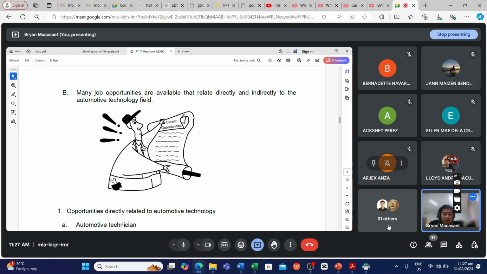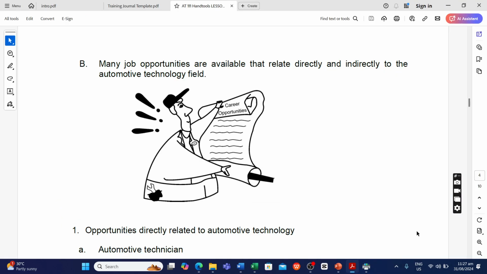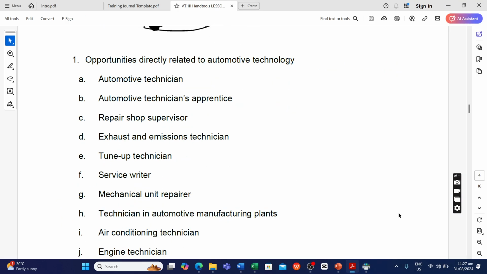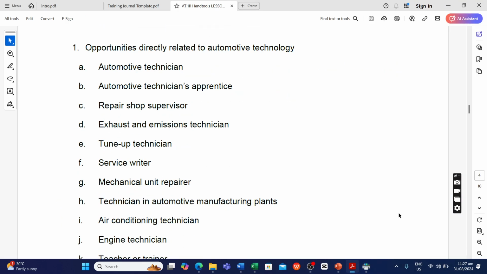Letter B, many job opportunities are available that relate directly and indirectly to the automotive technology field. Okay? Pag sinabing directly, meaning very obvious na siya ay pang-automotive. Pag indirectly, related. Halimbawa, ito yung mga trabaho. Opportunities directly related to automotive technology. Una, automotive technician.